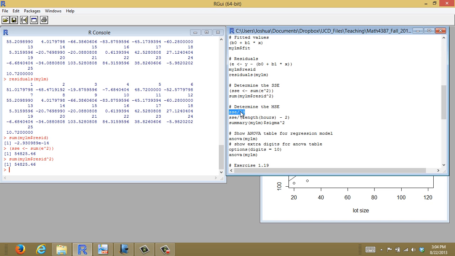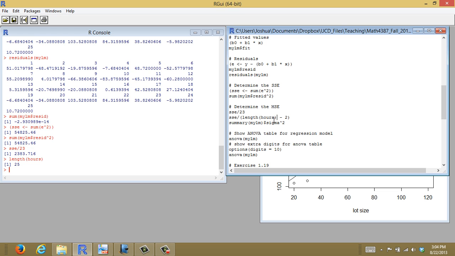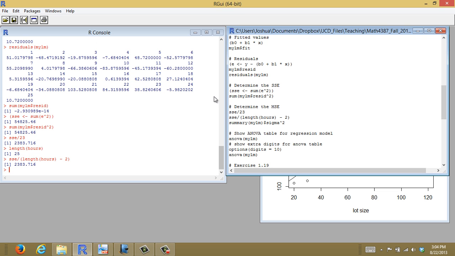If you remember, there are 25 observations, and if I subtract off 2, I get 23. So the mean square error is 2,383.716. A more productive way of doing that, if I didn't know the number of observations, is to ask R how many observations are in the hours variable, and that will return 25. I can put that in this expression right here, and I get the same value.